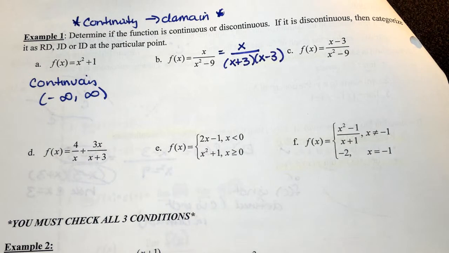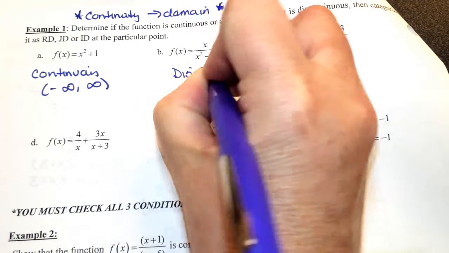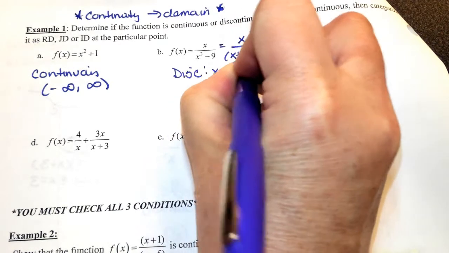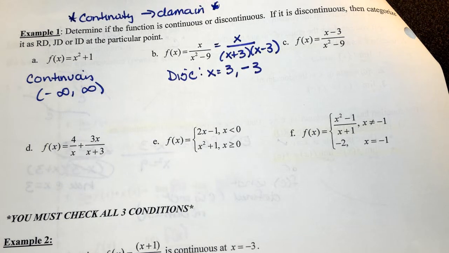So I know the domain's going to be all real numbers except 3 and negative 3. So where is it going to be discontinuous? At x equals 3 and negative 3. If the numbers are not in the domain, it's not going to be continuous at those numbers. So any questions on why it's discontinuous at 3 and negative 3?